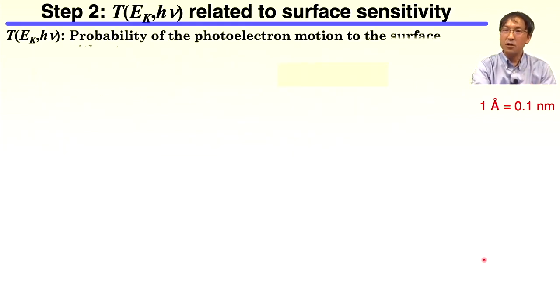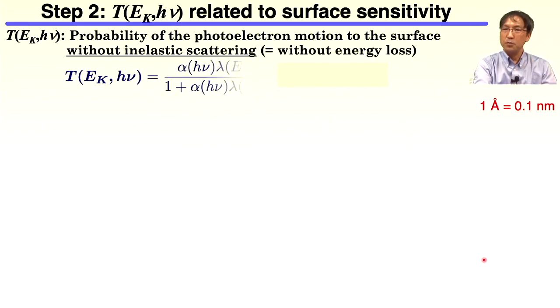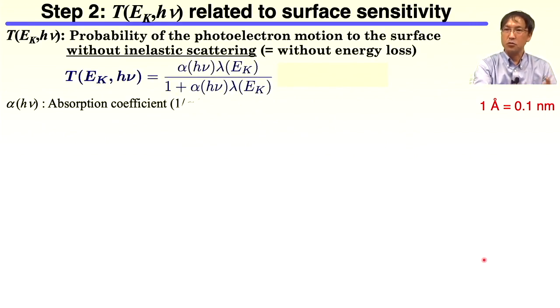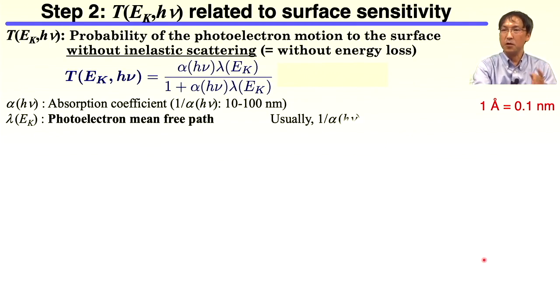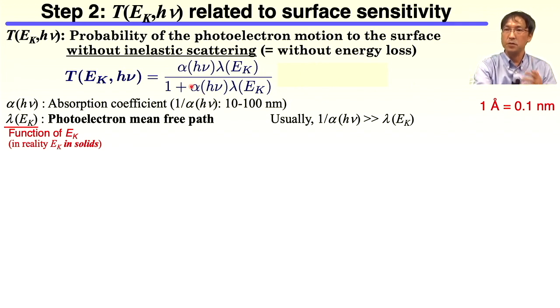Then I go to the next step, step 2, which is related to the surface sensitivity of the photoelectron spectroscopy of solids. The term T represents the probability of the photoelectron motion to the surface without inelastic scattering, in other words, without energy loss, as a function of the absorption coefficient alpha of the incident light and the photoelectron mean free path lambda as a function of kinetic energy in solids.